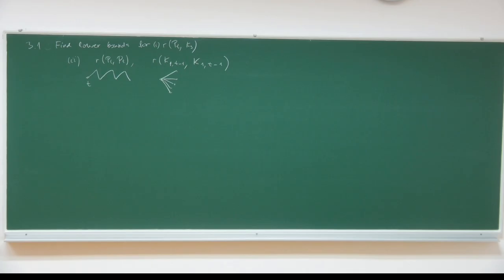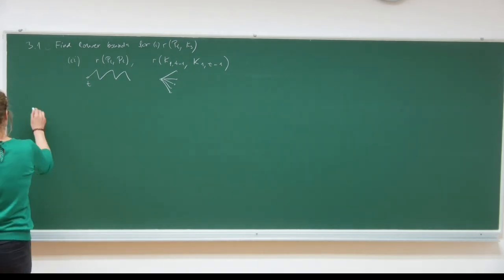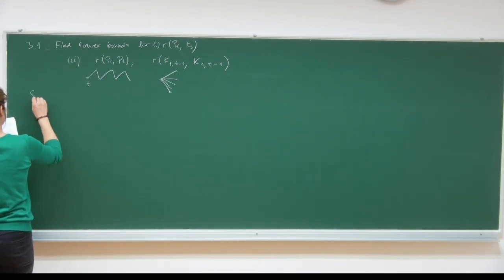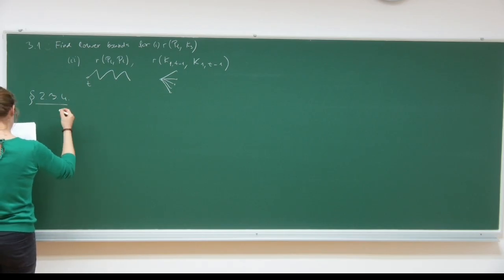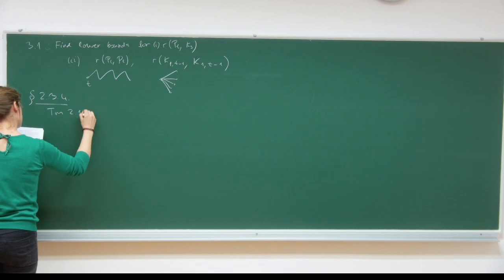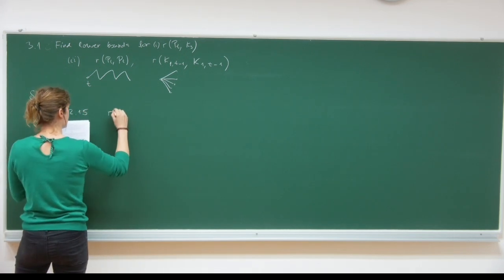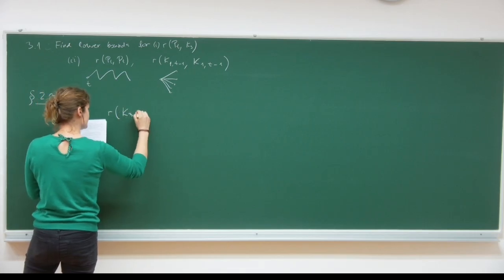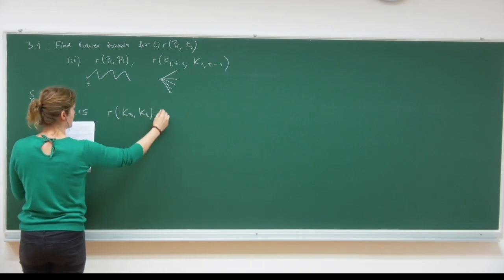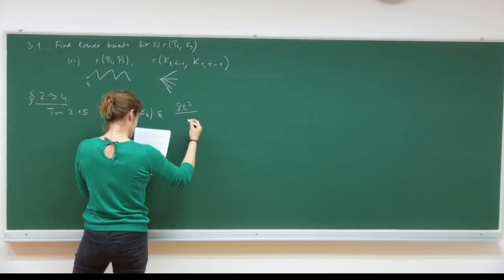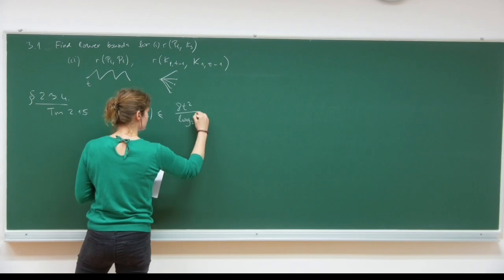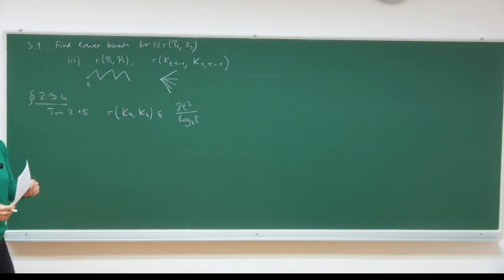Okay, so last time we were dealing with triangle versus cliques, and we proved the following theorem: the Ramsey number of K3 versus K_t, well, actually upper bounds, is at most 8t squared divided by log base 2 of t.